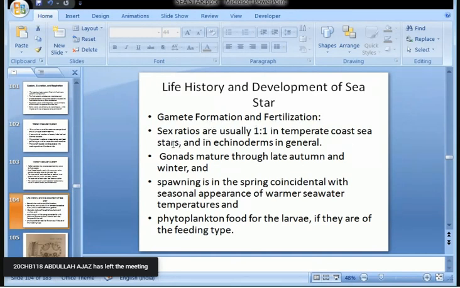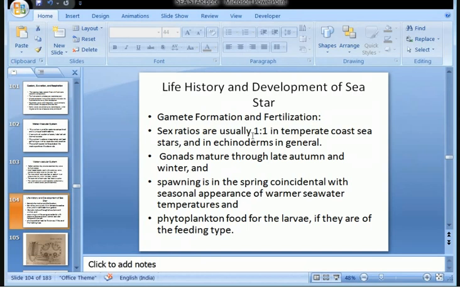Usually the sex ratio of male and female is 1:1 in temperate coast sea stars and in echinoderms in general. So it is not that one particular sex outnumbers the other. Both sexes are there in a 1:1 ratio.